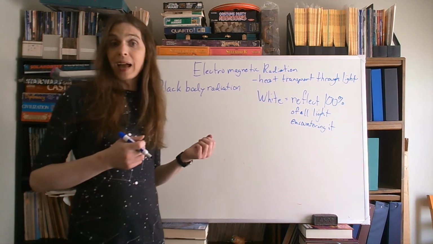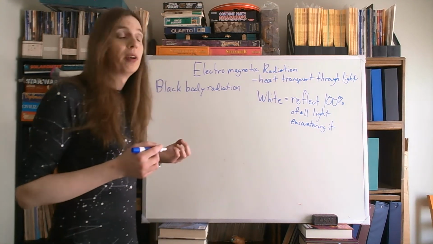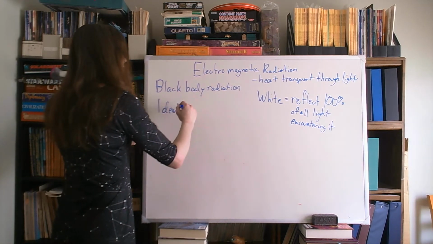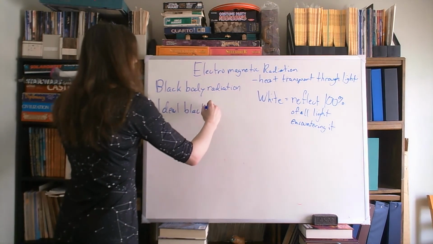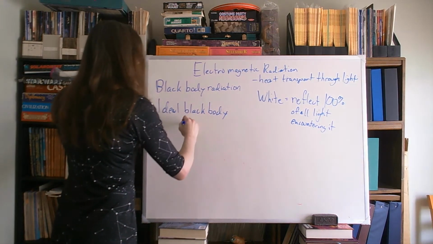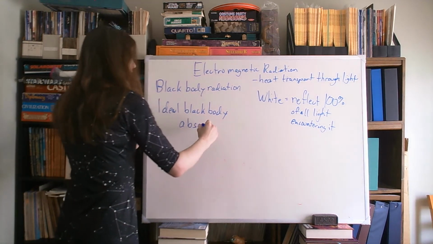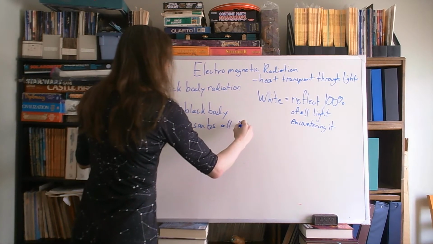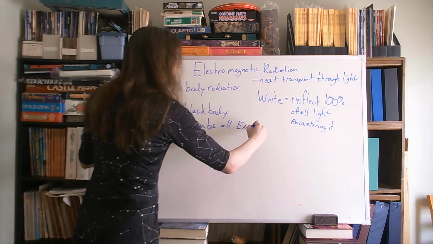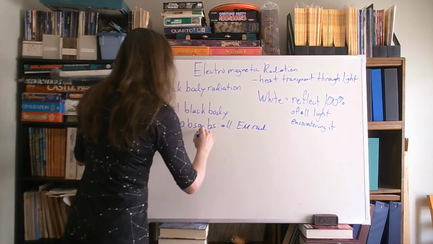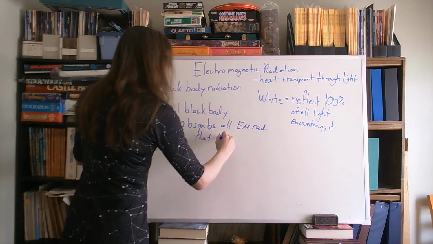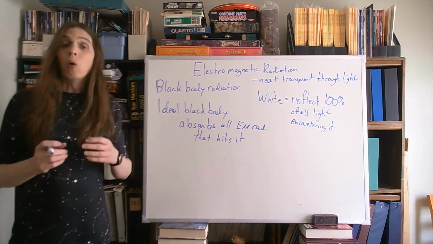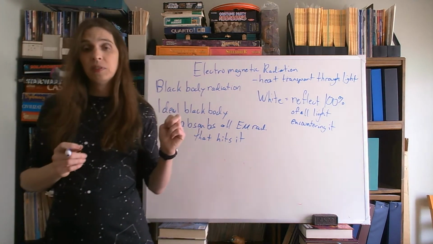We talk about black as being the absence of color, and an ideal black body absorbs all electromagnetic radiation that hits it. So no reflection.